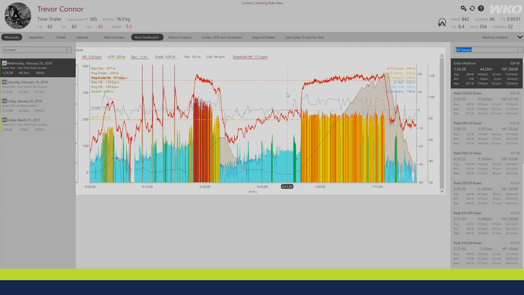The reason I really like this test is you can see here's the 5-minute effort, and the order is very important. Then you take about a 10 to 15-minute rest, then you do the 20-minute test. I like that because with that 20-minute test, we're trying to get at the top end of your aerobic system, what you can generate sustainably, mostly with aerobic energy.